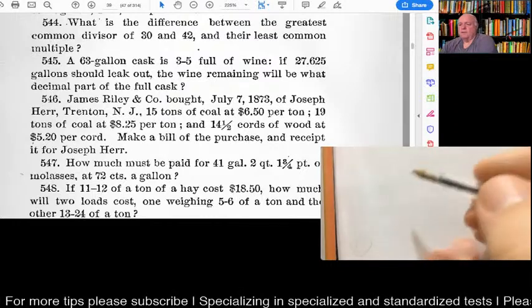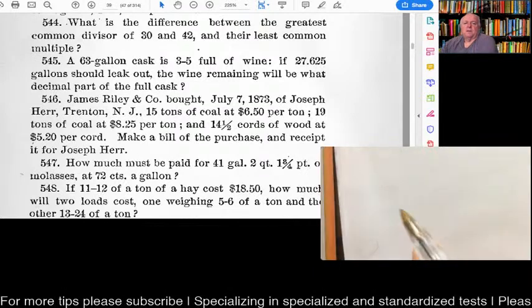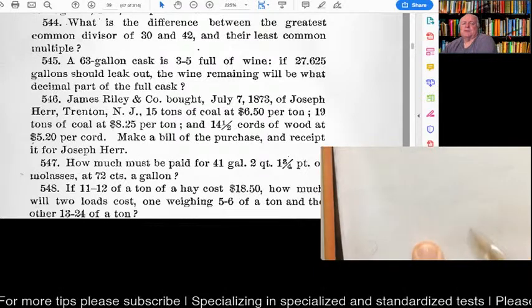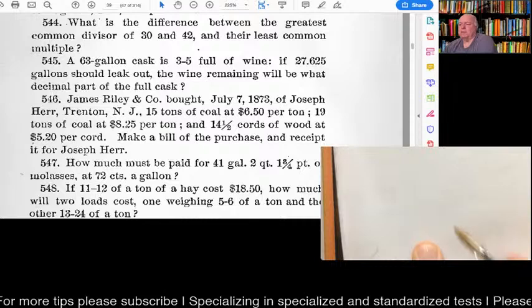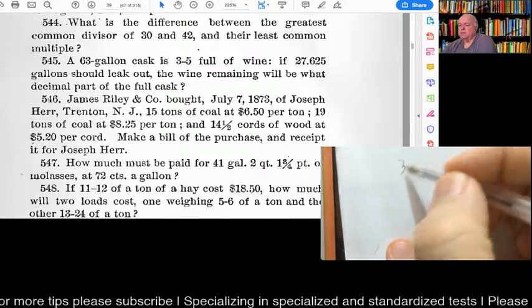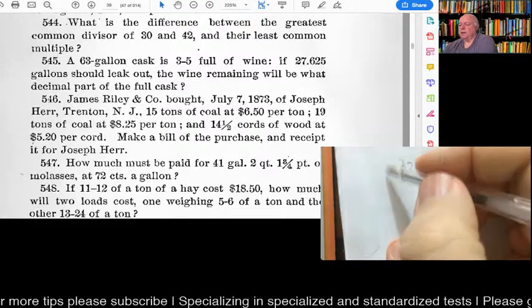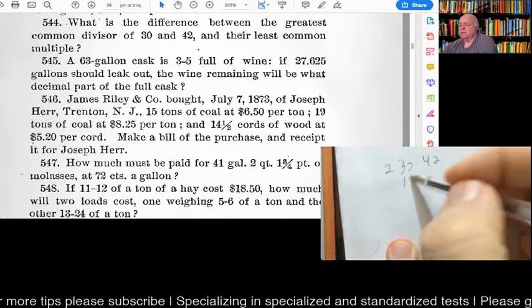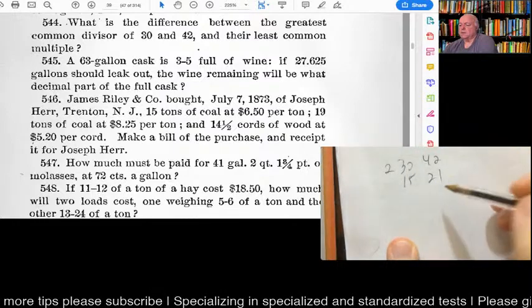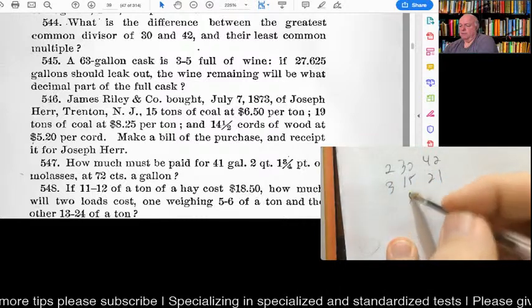So 544 is asking us to look at the difference between the greatest common divisor of two numbers and the least common multiple. So there's a technique to do both of them simultaneously. If we list the numbers, and then on the side we start looking at their prime factors. So 2 goes into here 15 times, here 21 times. There's no more 2, so we start with 3, and we get 5 and 7.